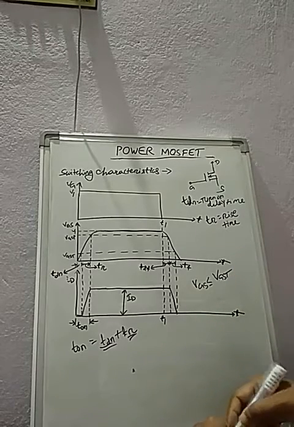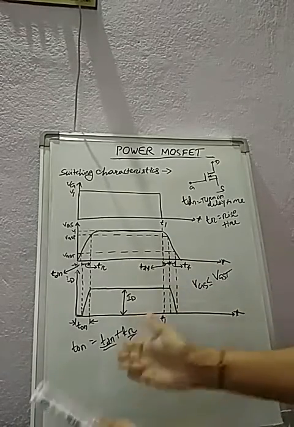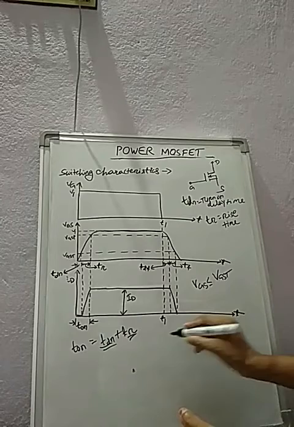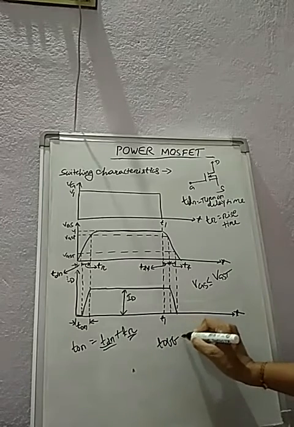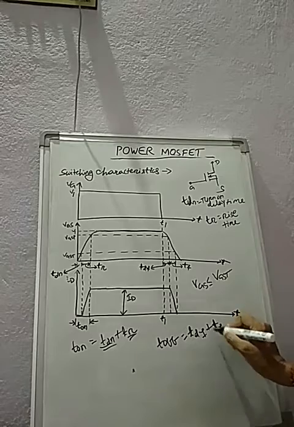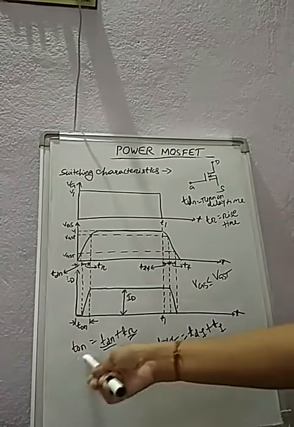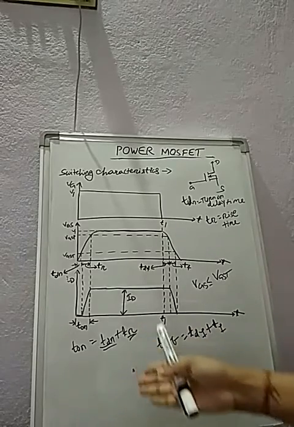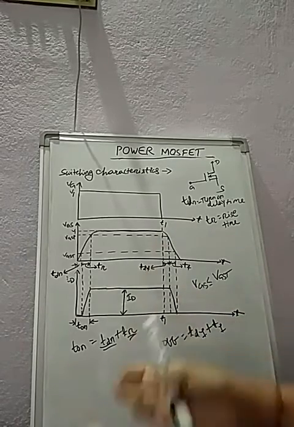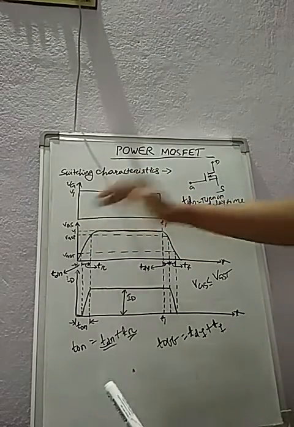Okay, the switching characteristics consist of turn on time and turn off time. So overall turn off time is TDF plus TF. During T on, the device capacitance charges up to this level.